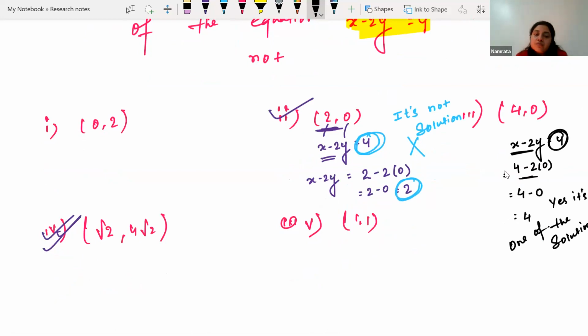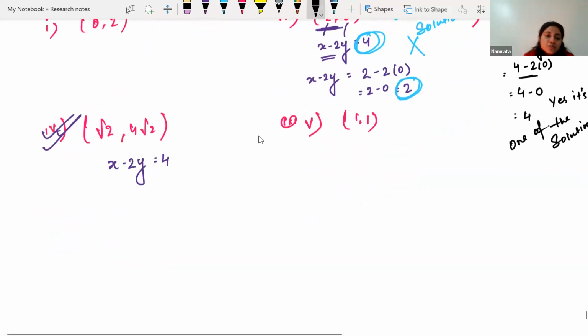Now number 4 from here, the same way we are going to do. We have the equation x minus 2y equals 4. Here we will substitute the x value and y value, and our purpose is to get 4. If we get 4, we can say it's a solution, and if we do not get 4, we will say it's not a solution. So let's check. x is root 2 and 2 into y, y is 4 root 2.